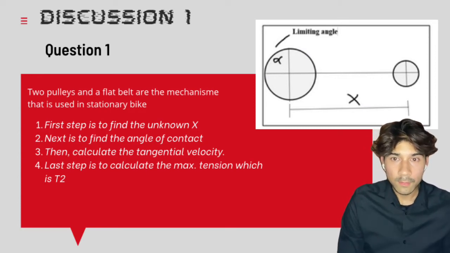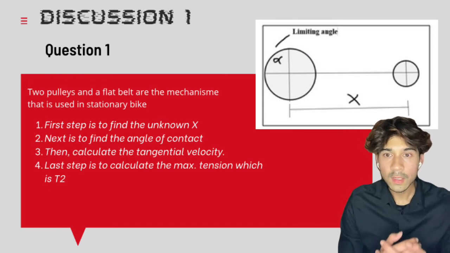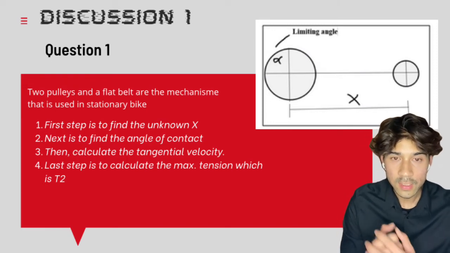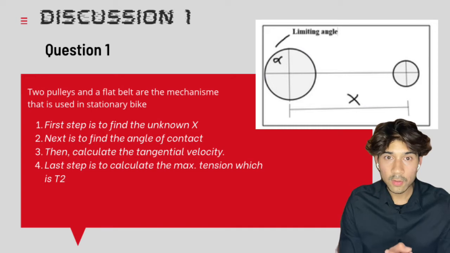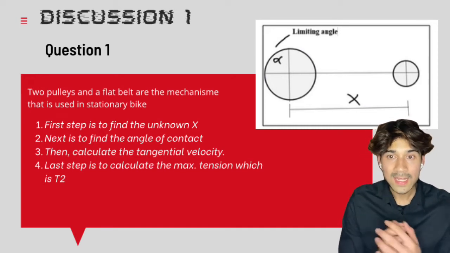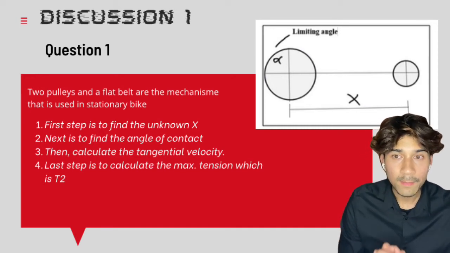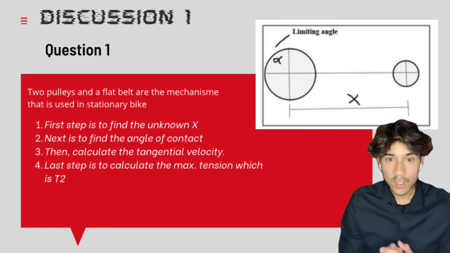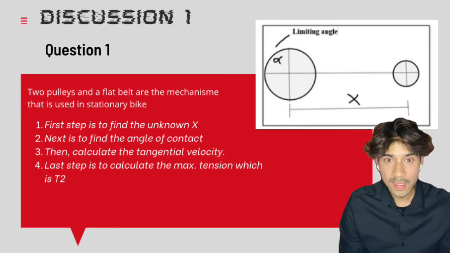So I will move to the next, where we calculate the tangential velocity by using the angular velocity. And the last step is to calculate the maximum tension, which is T2. Overall, we will get the answer for T2 and for problem statement 1.